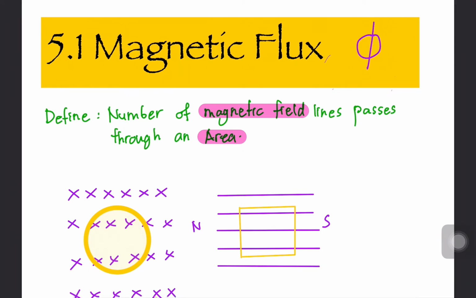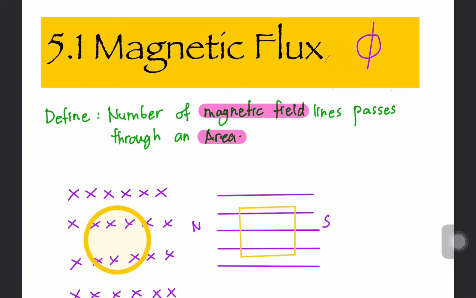By definition, magnetic flux is the number of magnetic field lines that pass through an area. It's up to the questions whether the area is going to be a rectangular coil, a circular coil, a sphere, whatever area they give you.